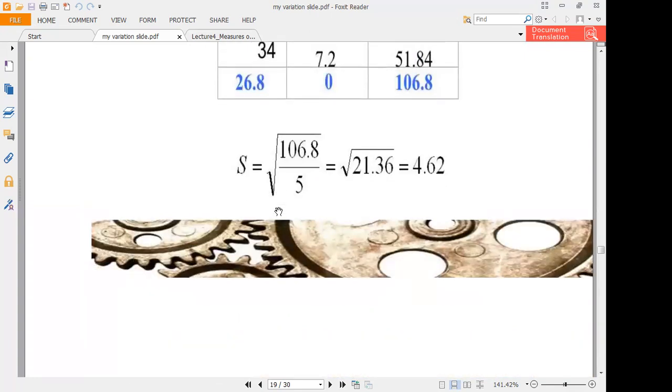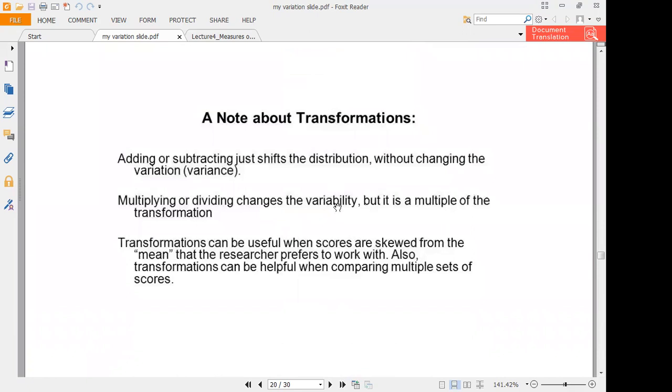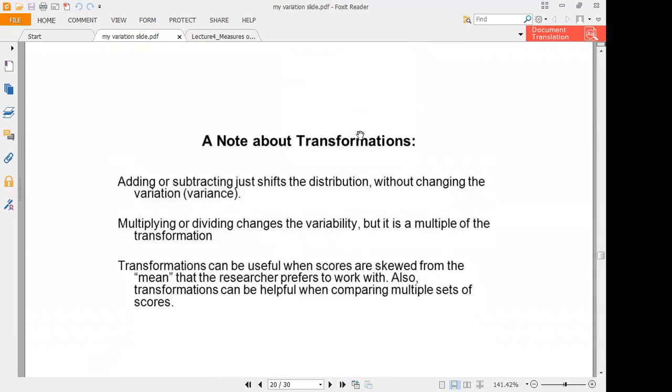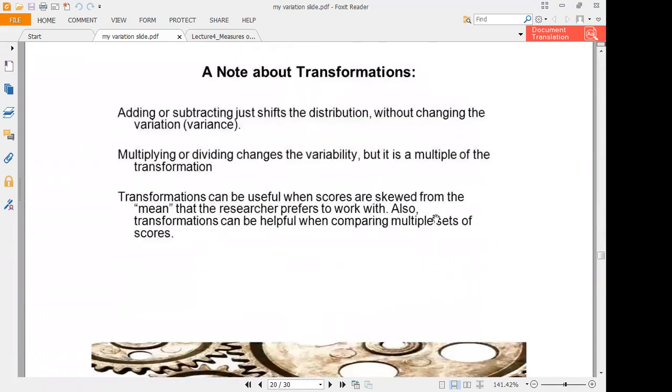If I calculate the standard deviation and variance for that new data, what I will discover is that the standard deviation will be 2 times the standard deviation I had earlier. So when you are multiplying your data, you are going to get the same multiple of the standard deviation. And now you can square it and you are going to get your variance.